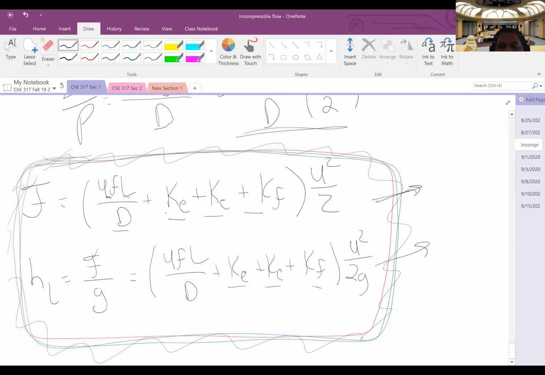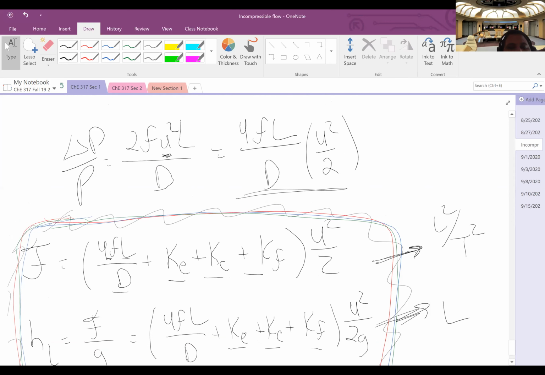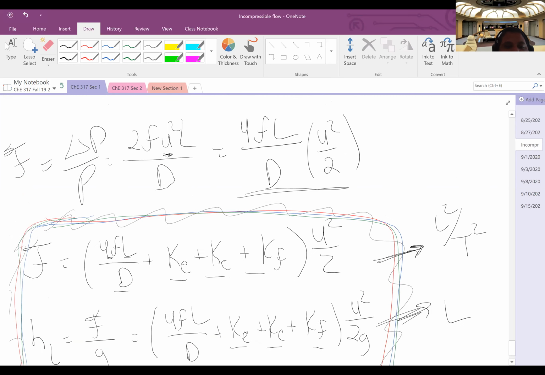And the friction term is going to be the same as every other term in the energy balance, meaning for just simply friction, we're looking at length squared per time squared. For head loss, in terms of fluid head, it's just going to be length. And so when we're talking about friction, we're looking more at, instead of a delta P, a delta P over rho, which is why we need to throw out the density.